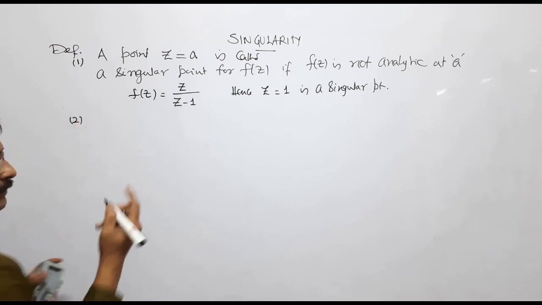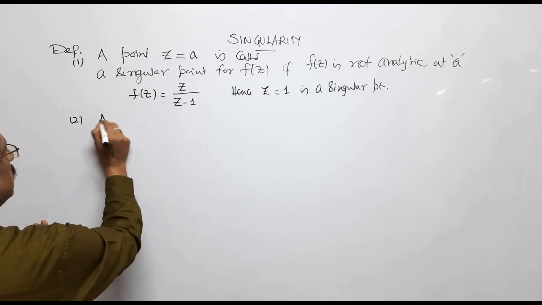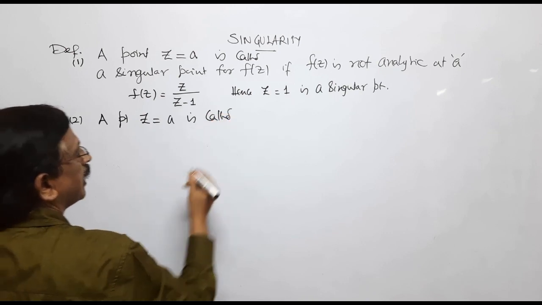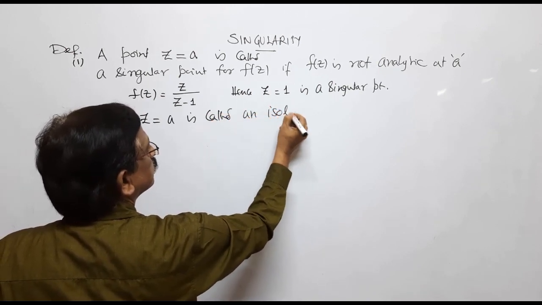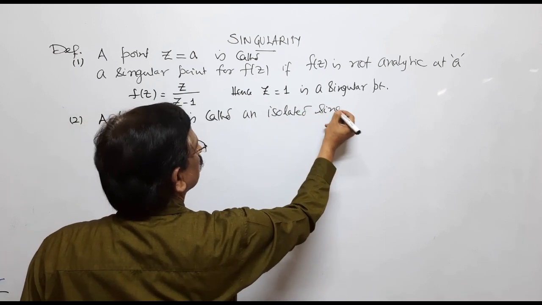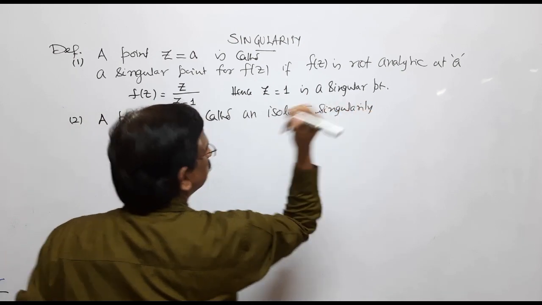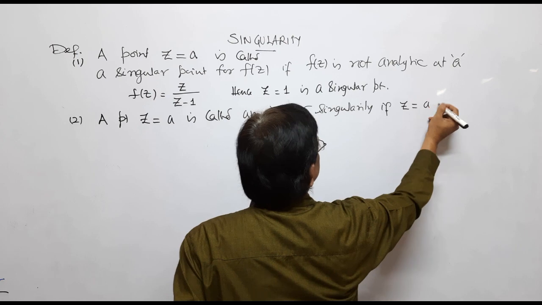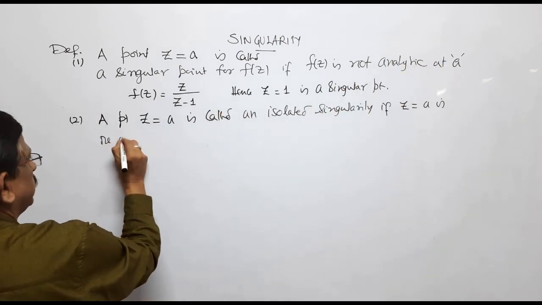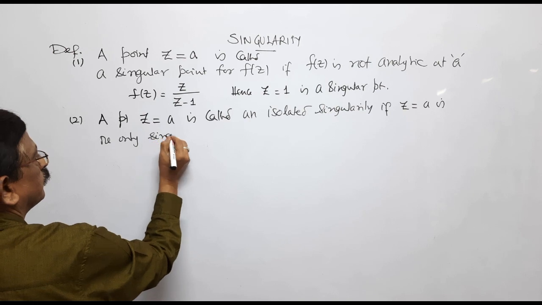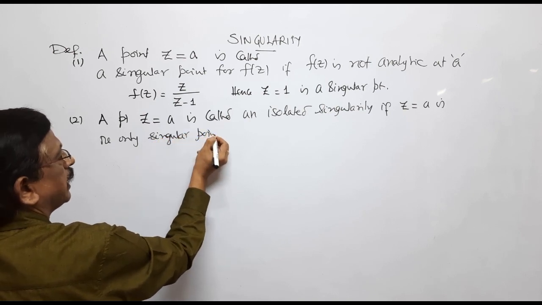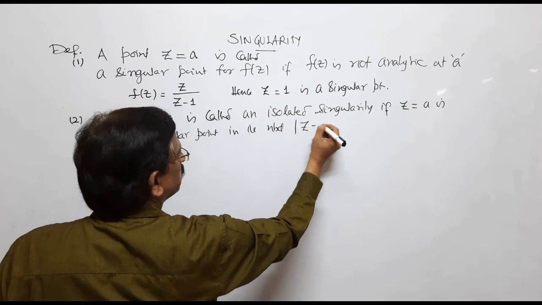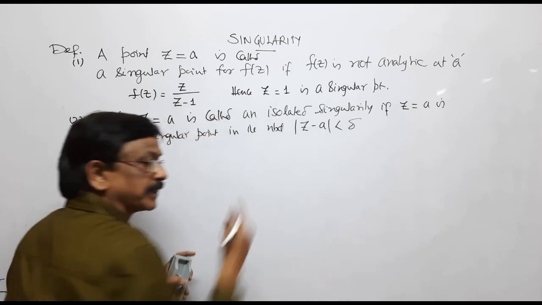I have the definition of an isolated singularity. A point z equal to a is called an isolated singularity if z equal to a is the only singular point in the neighborhood mod z minus a less than delta, of course for some delta.